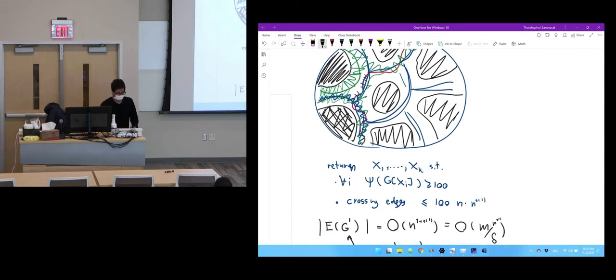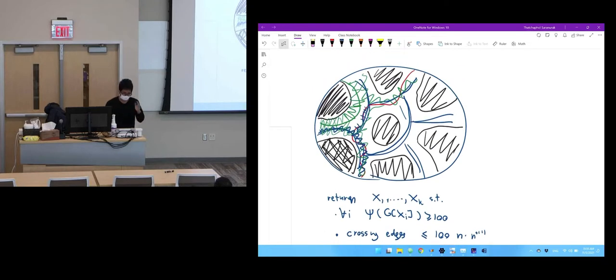So the first question to think about is: in this expander decomposition, how large can this k be, when you know that the min cut size is lambda?